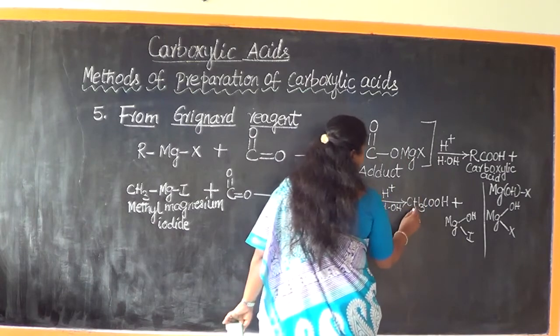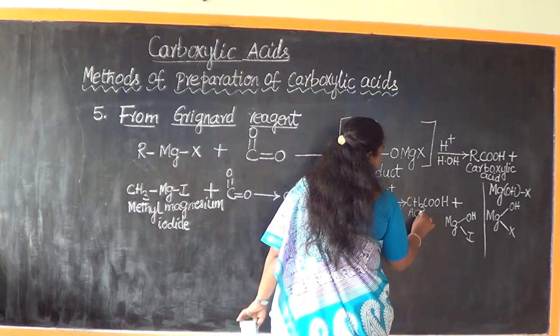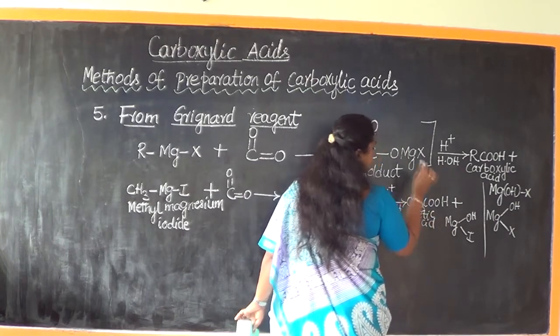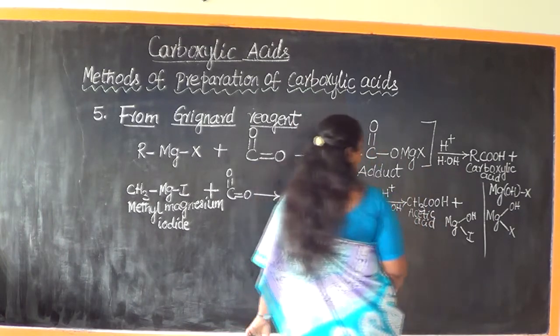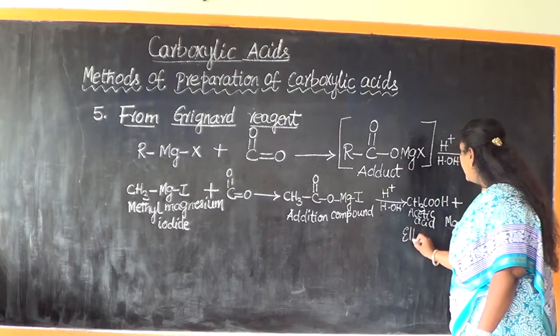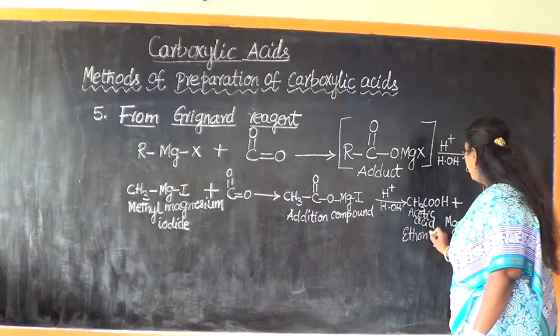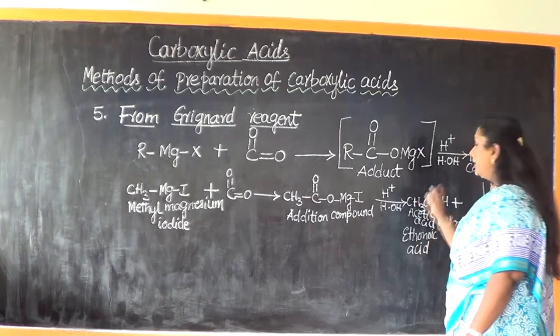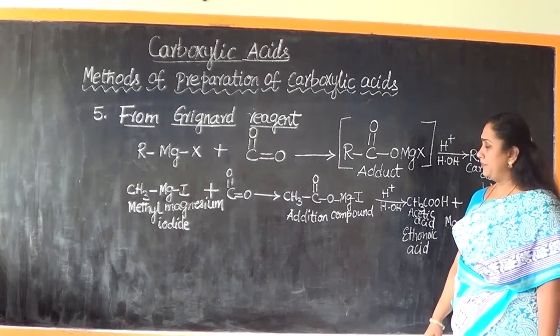What is the name of this compound? It is acetic acid. Acetic acid is its trivial nomenclature. What is the IUPAC name of this compound? It is called ethanoic acid.